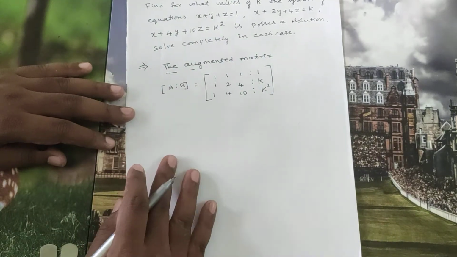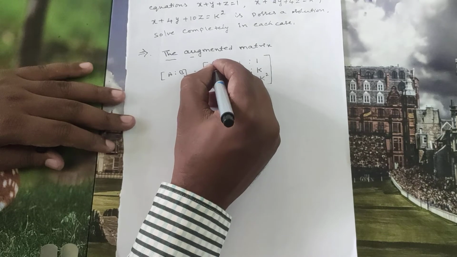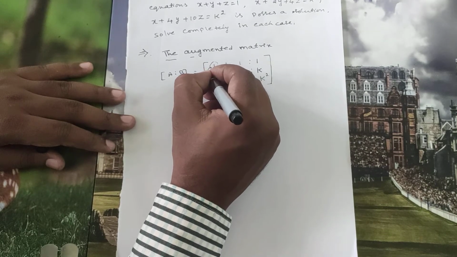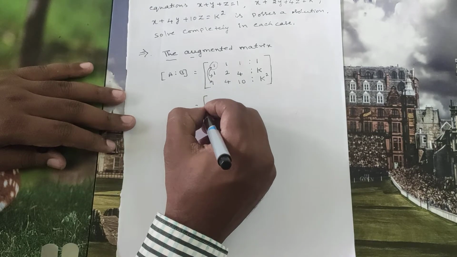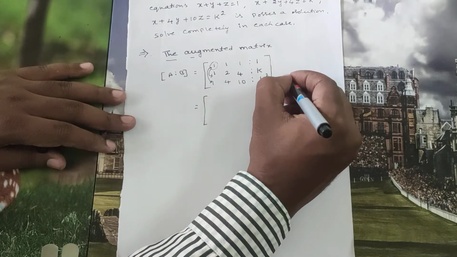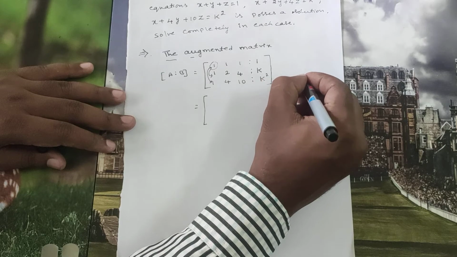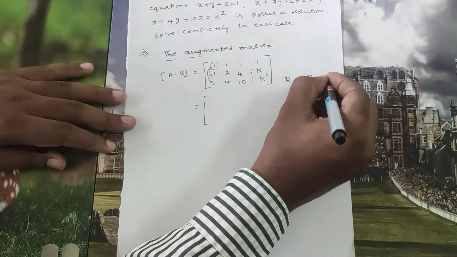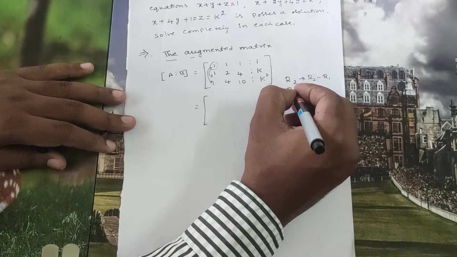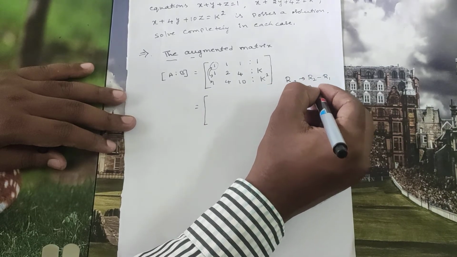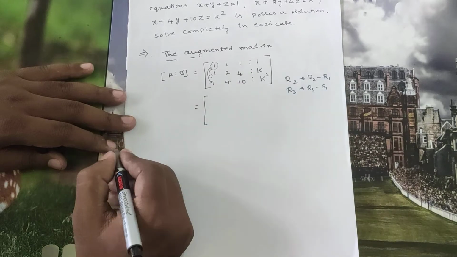Now using r1, make the first element of r2 and r3 zero. What operations do you have to do? R2 becomes r2 minus r1, and r3 becomes r3 minus r1.